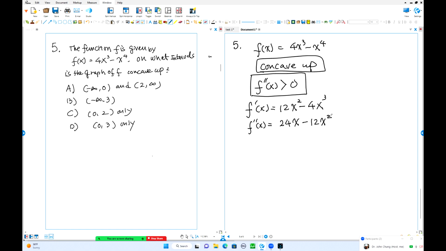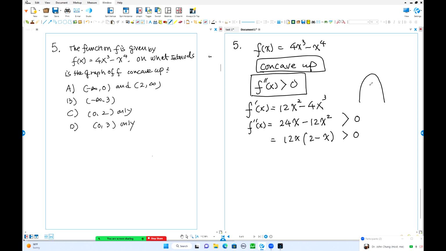Now let's solve this. It should be positive. How can you solve this? What is the common factor? 12x is common, so 12x times (2 minus x). This is a minus x squared term, so the highest degree is negative and the graph opens down.